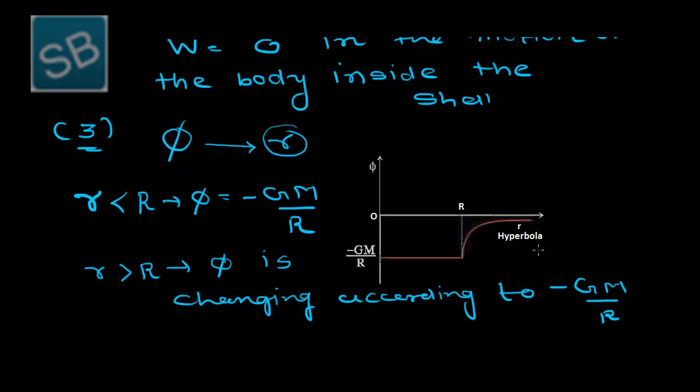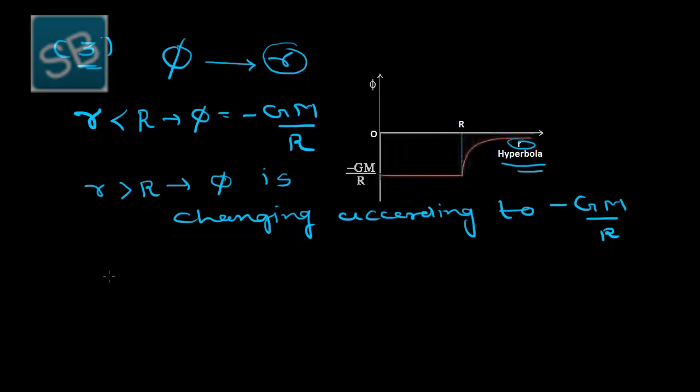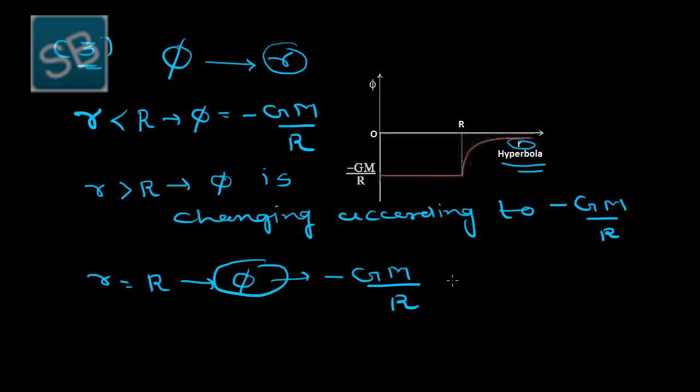So it basically depends on this distance, but the nature of that particular quantity will be of a hyperbola. And one more thing which you have noticed over here, that as r is equal to R, the value of phi at this particular distance will also be minus GM over capital R. So with this our gravitational potential topic is over, and now we will see what is gravitational potential energy.